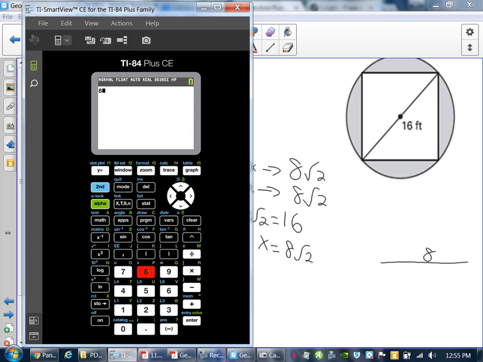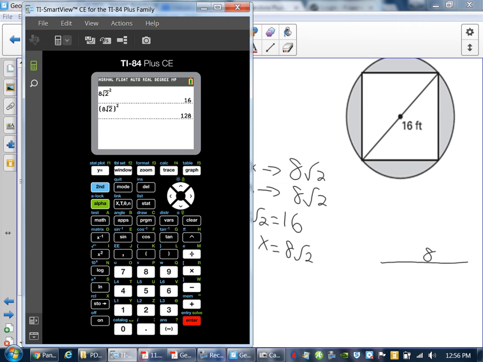If I type in 8 root 2 and I square it, your calculator thinks just to square the root 2, and it'll give you 16 as your answer. But what you're trying to do is take the whole thing, 8 root 2, and square it, because that's what it means, 8 root 2 times 8 root 2.